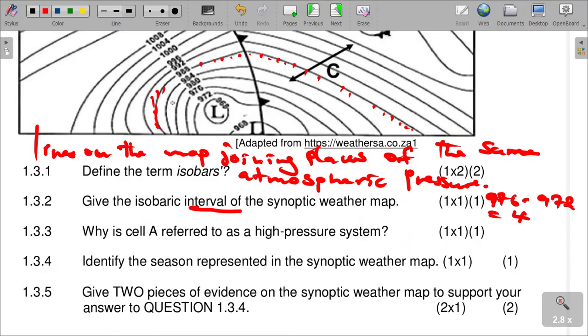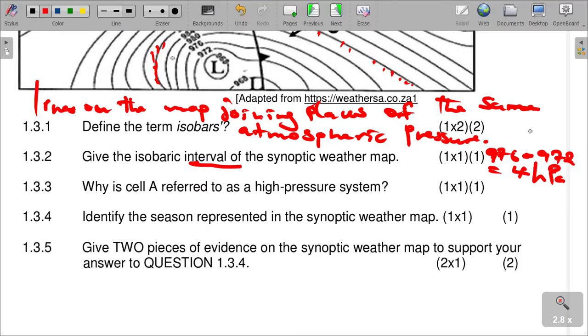You need to know that we measure pressure in hectopascals, which you write as hPa. You get it by subtracting the difference between one isobar and the next. So it is 4 hectopascals. That is how you find it.